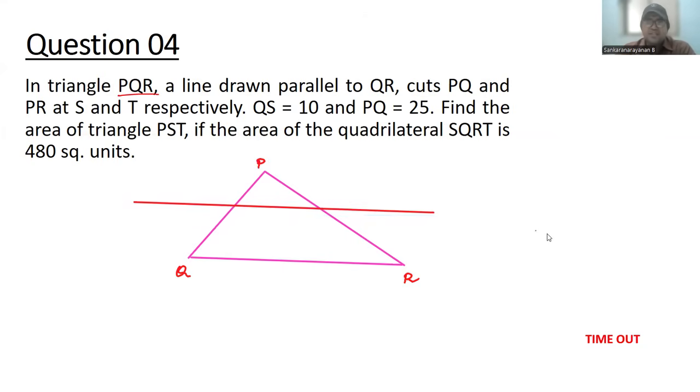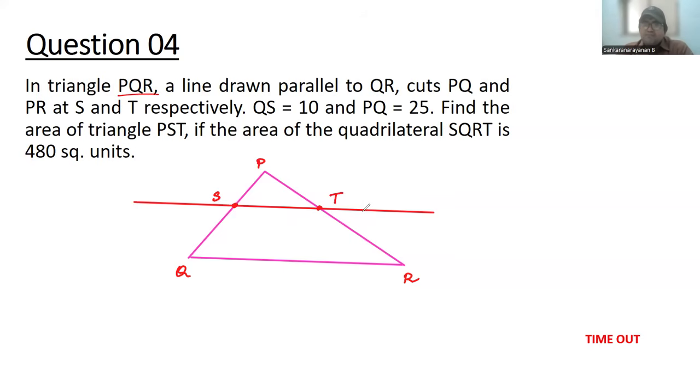So this is the point S, and let me consider that this is the point T. Got it? QR and ST are parallel to each other.